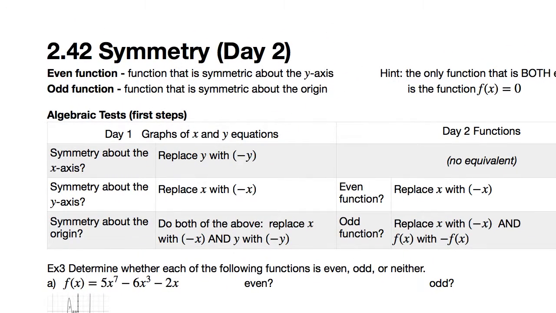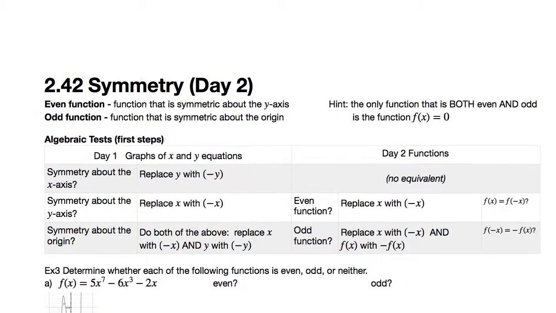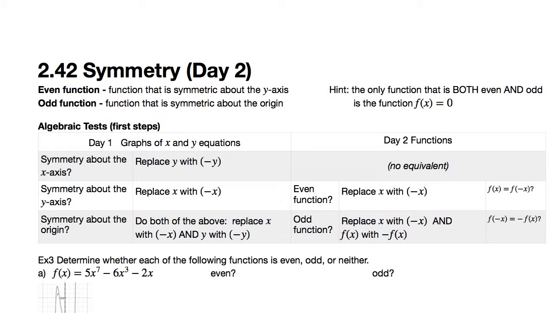And the test is going to be very similar. You replace x with negative x. And then all you have to do is figure out, is f of x, the original, going to be equal to f of negative x, which is the replacement. An odd function is a function that is symmetric about the origin.